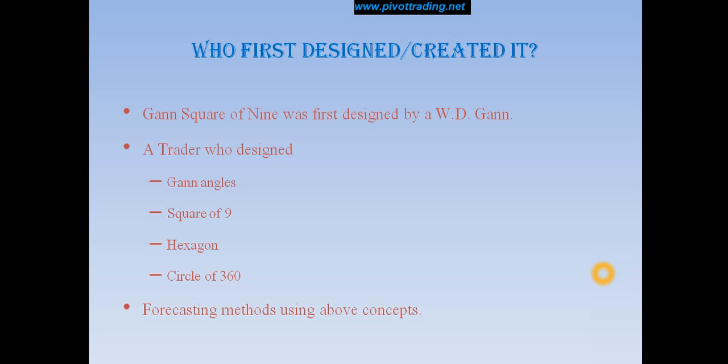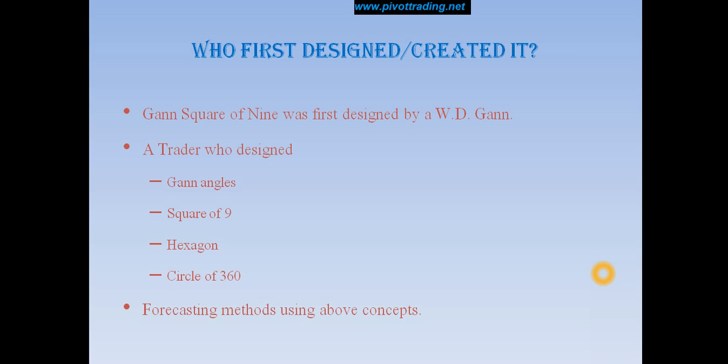Okay, so let us look at who designed the Gann square of 9. Gann square of 9 was first discovered, designed or created by W.D. Gann, which is William Delbert Gann. He was basically a trader who designed his own trading strategies, not only for intraday but for positional and long-term trading, based on various parameters.